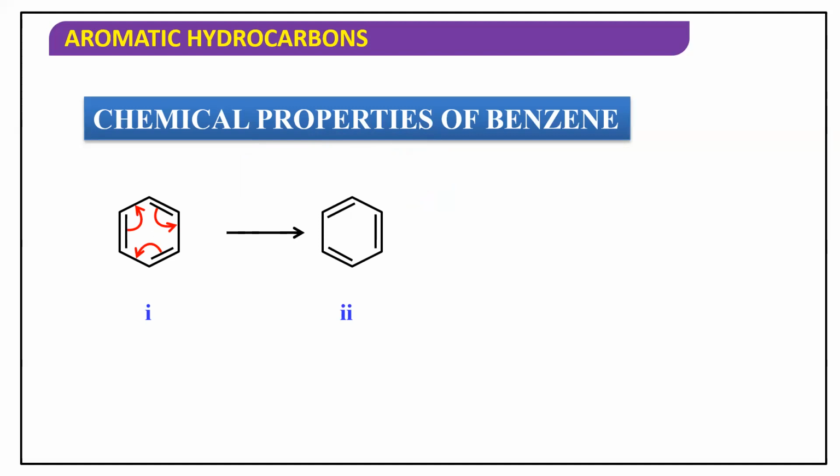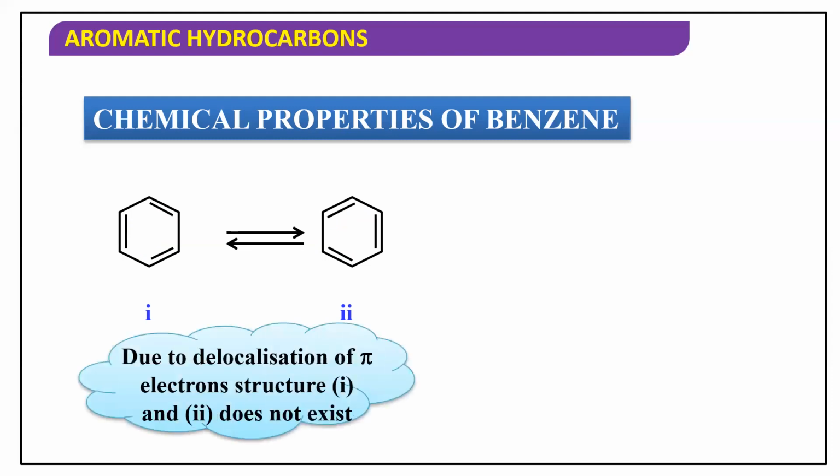Even here, all three pi bonds are present at alternate positions, which will lead to delocalization once again to give back the previous structure. So this process keeps on happening, where 1 gets converted to 2, 2 gets converted to 1, 1 to 2, 2 to 1. Hence, we refer to this process as resonance.